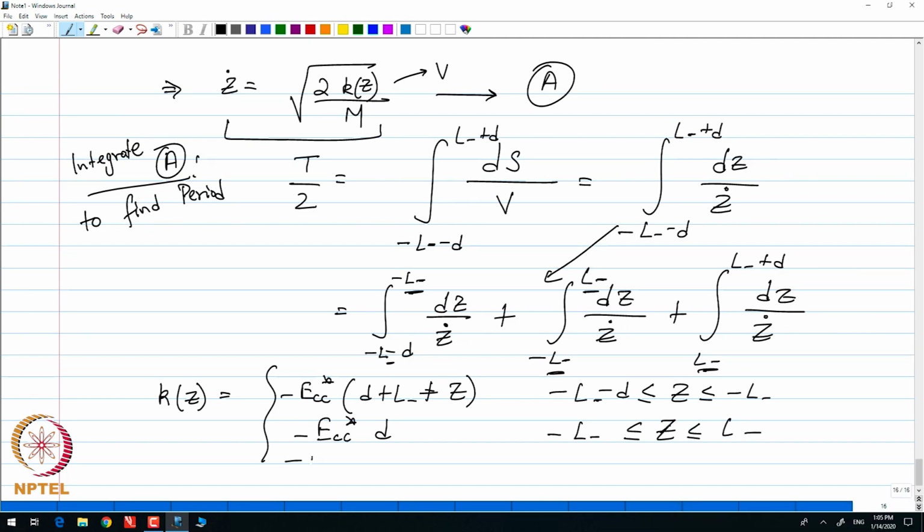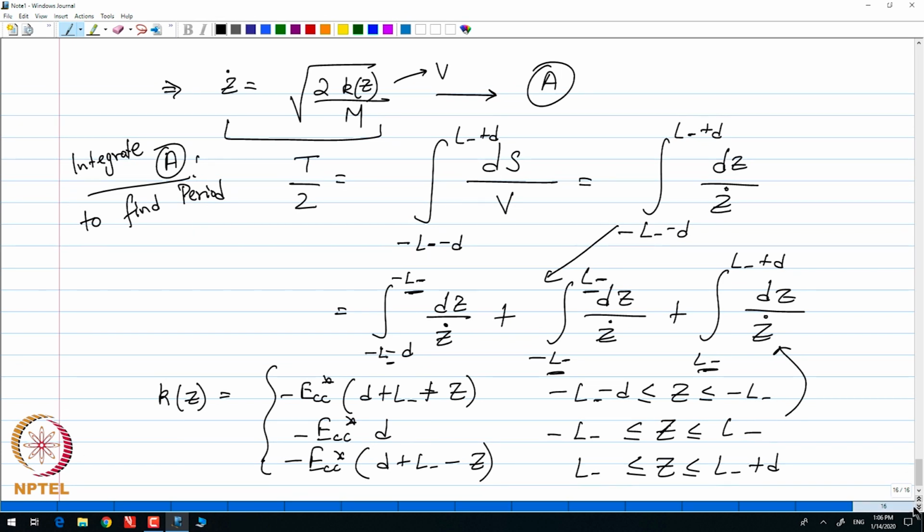And finally, minus E c c star of d plus L minus z, where z is from L minus to L minus plus d. I have these values of the function in these 3 regions, and then I plug them into all these 3 integrals, and let me write down the final answer after integration.